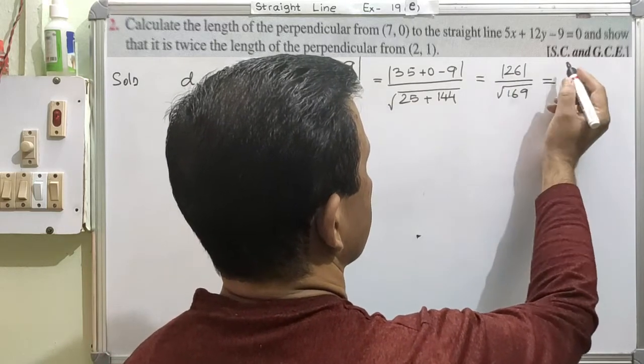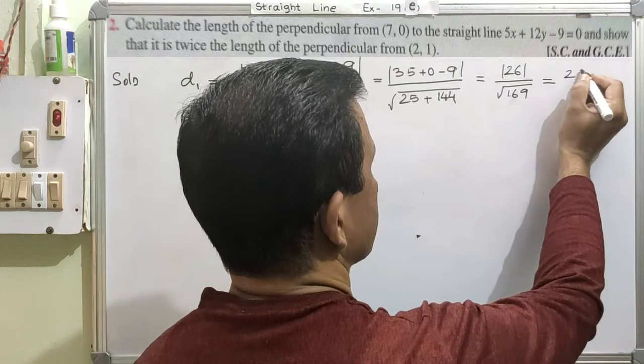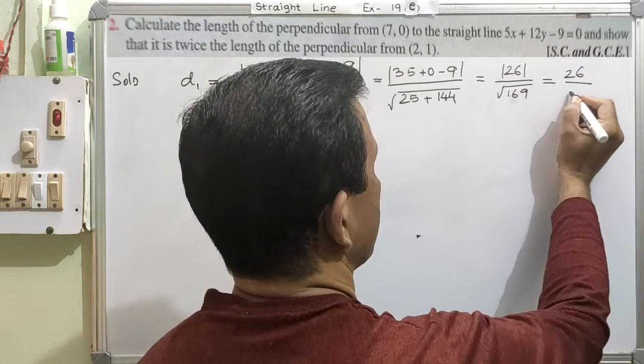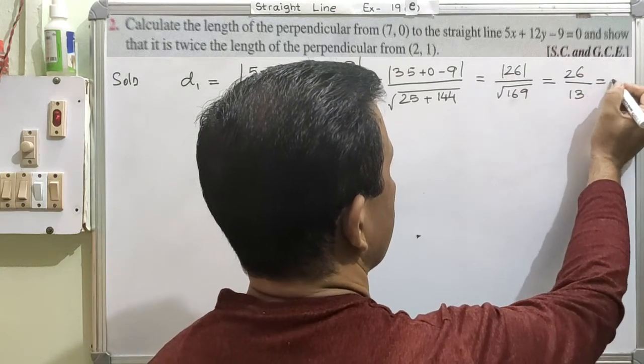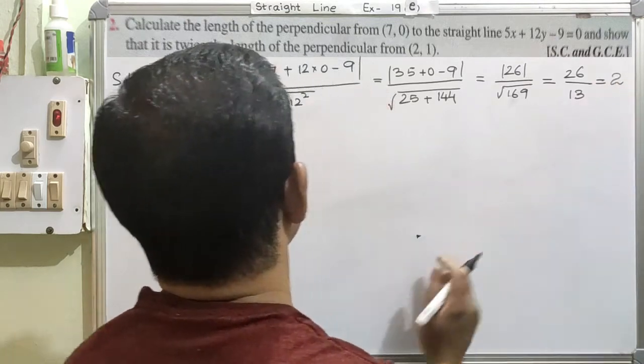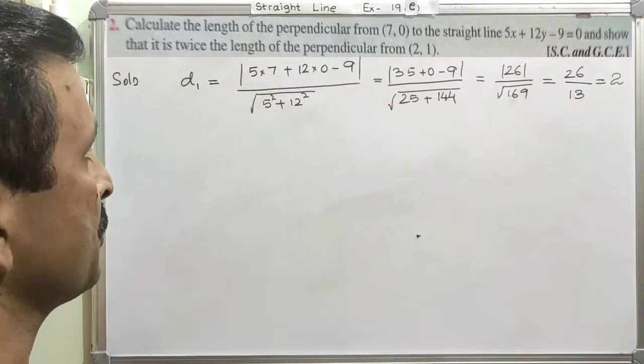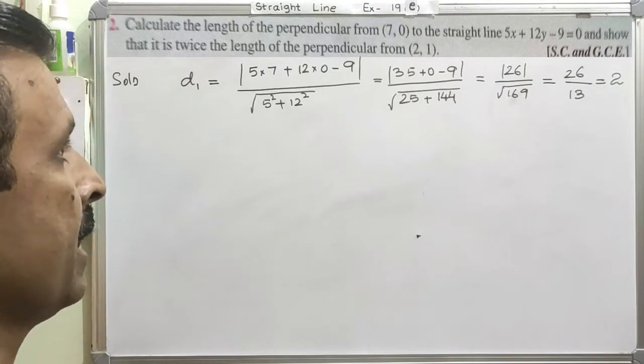Now remove the absolute value sign, it remains 26, and this root becomes 13. So simplify, the answer is 2. That means the distance of the first point from the given line is 2 units.